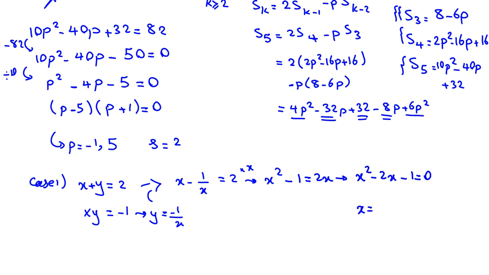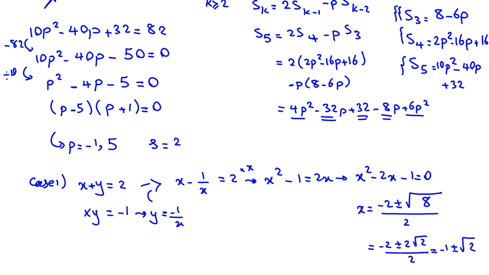So x equal to what? Negative b plus or minus the square root of b squared minus 4ac, over 2a. Here b squared is 2 squared, 4, and minus 4ac, with c equal to negative 1, gives plus 4, so 8 under the root, over 2a. It will be 2 plus or minus 2 root 2 over 2, so 1 plus or minus root 2.